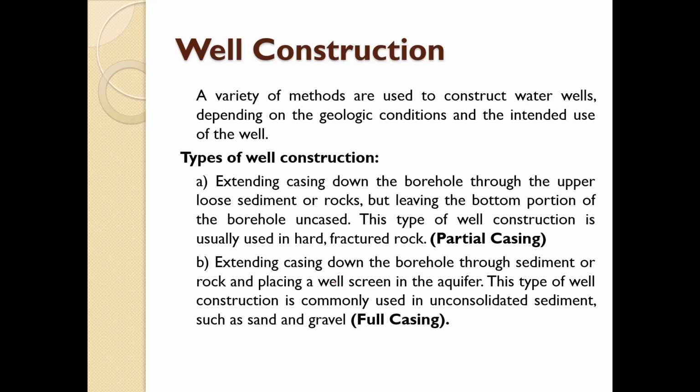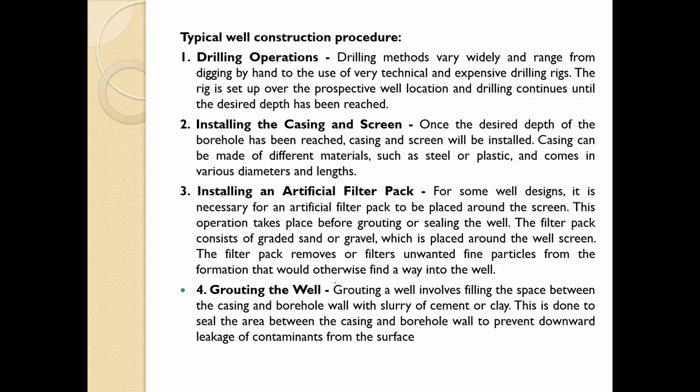This type of well construction is usually used in hard or fractured rock, that is partial casing. Then second is extending the casing down the borehole through the sediment or rock and placing the well screen in the aquifer. This type of well construction is commonly used in unconsolidated sediment such as sand and gravel, that is full casing.